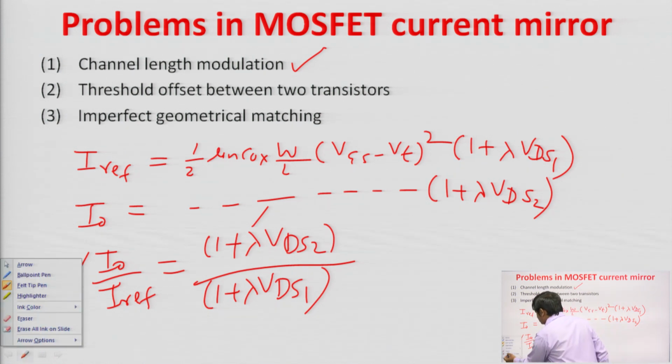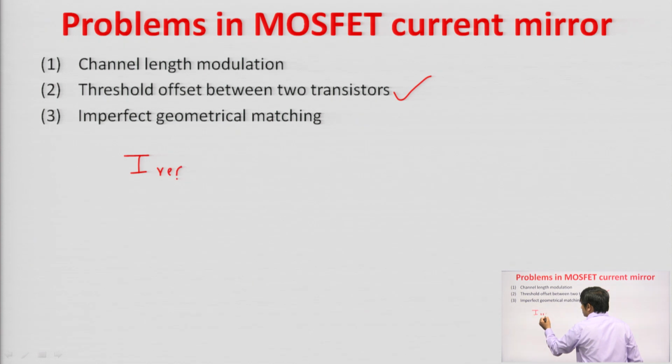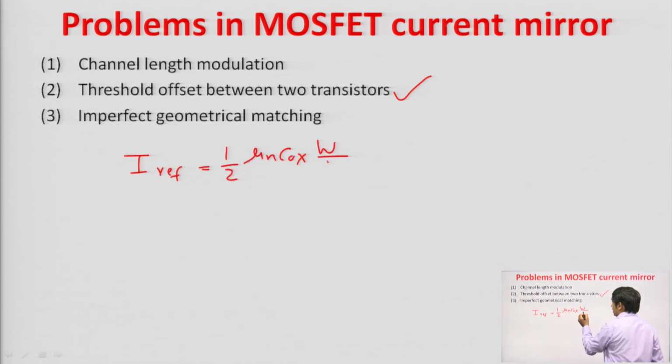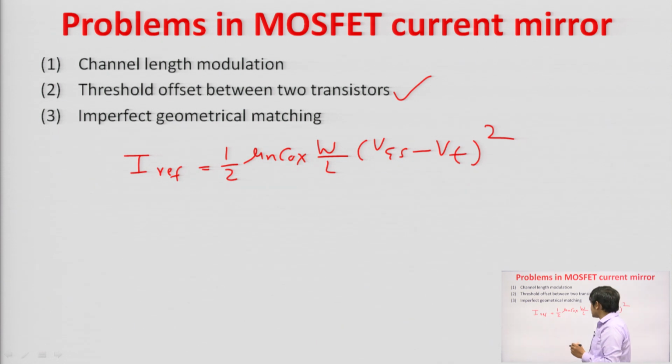Now, the next problem is threshold offset between two transistors. What is this threshold offset? Since we know the drain current equation 1 by 2 mu n CoX W by L (VGS minus VT) whole square, this is the drain current equation of the MOSFET in saturation.